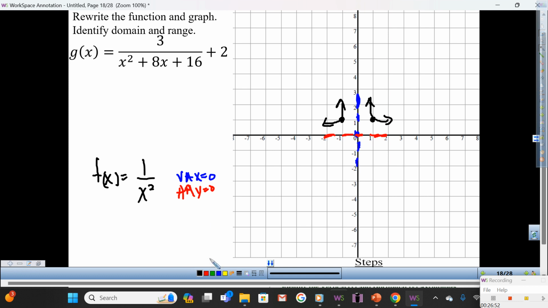Now let's go to this one. What do I do, Jacob? G of x equals 3. So what do I do to that to get something out here?